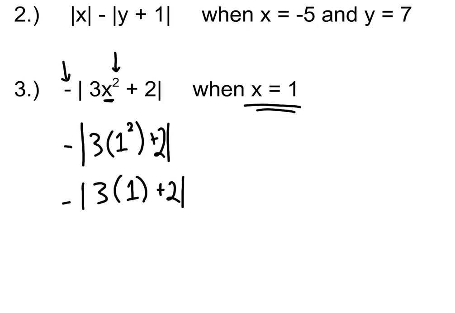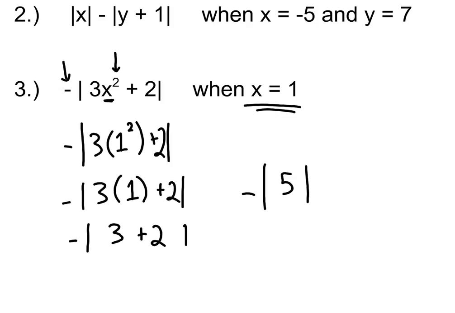After exponents, we have multiplication and division from left to right. So 3 times 1, absolute value of 3 plus 2. And then addition, subtraction from left to right. So 3 plus 2. So we have the negative absolute value of 5.